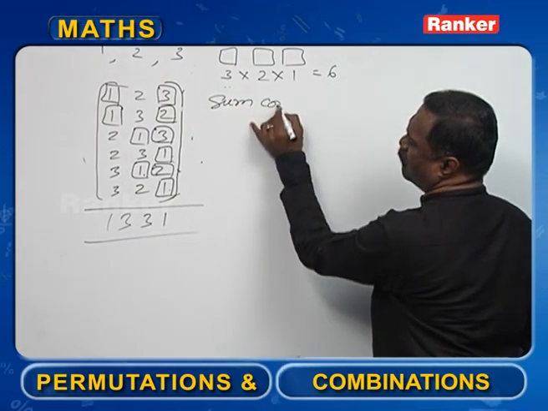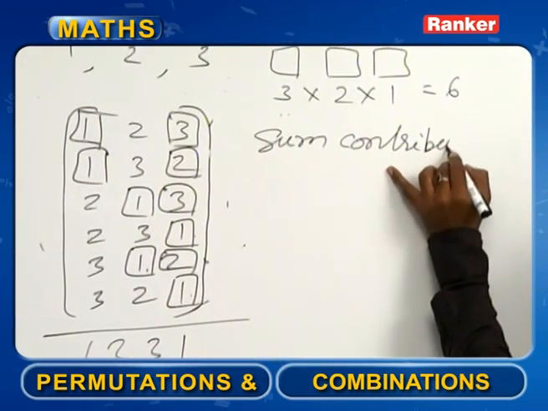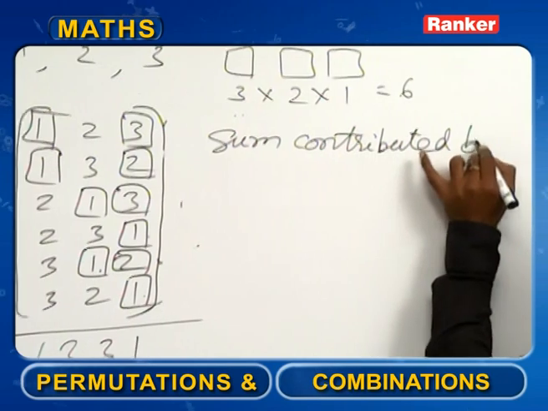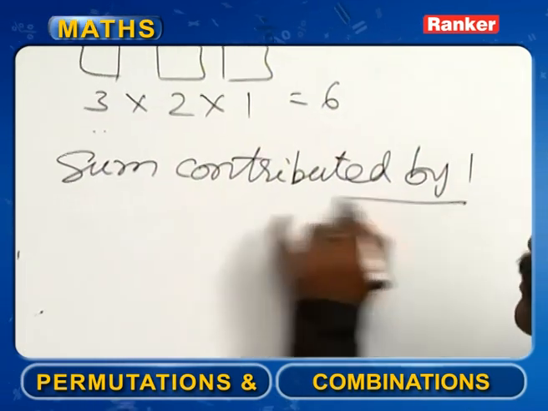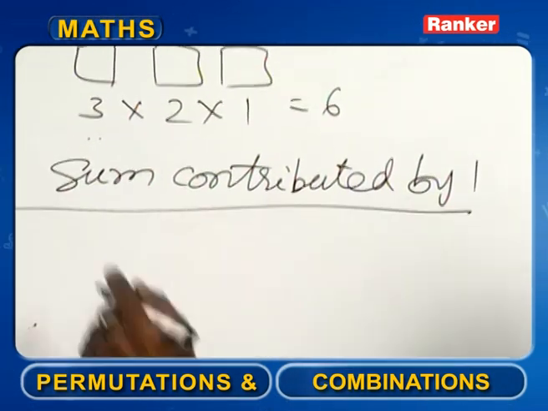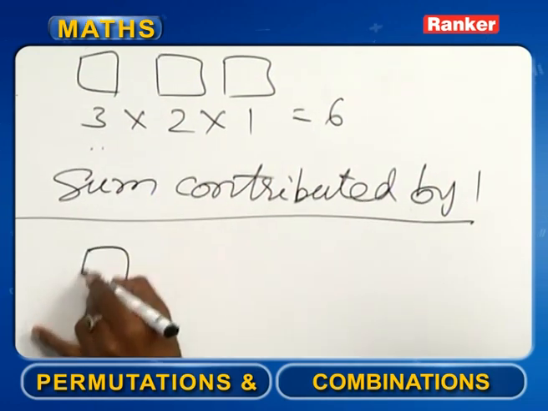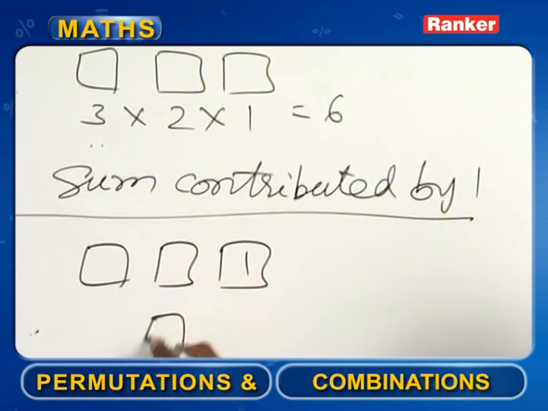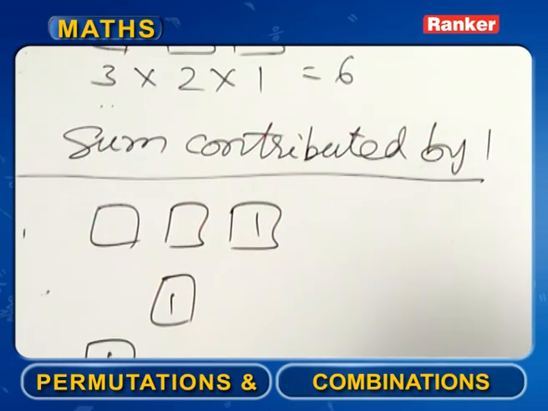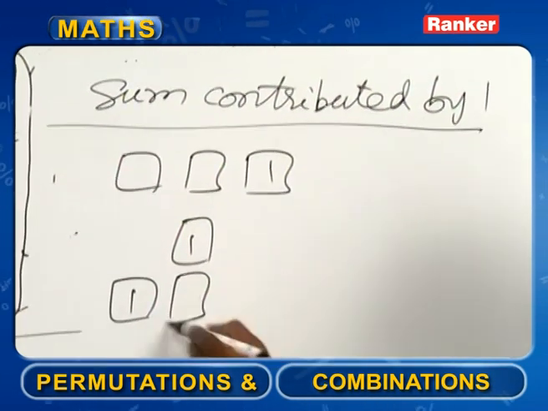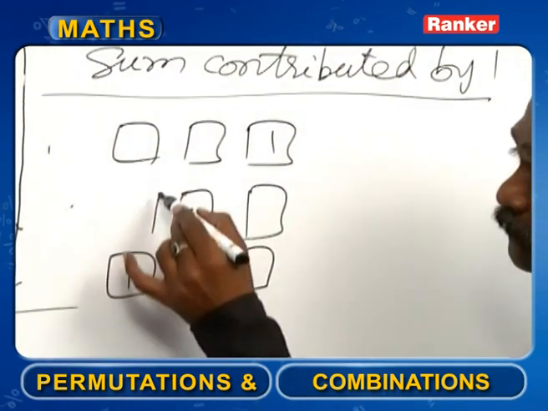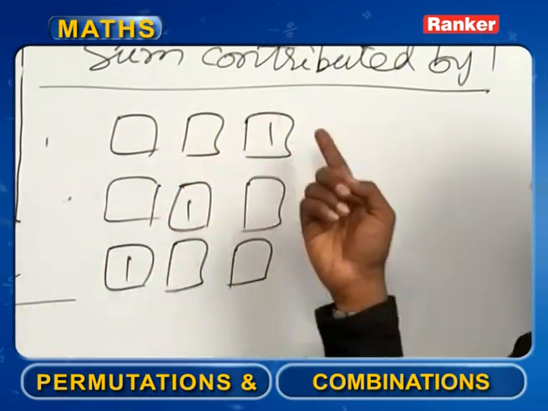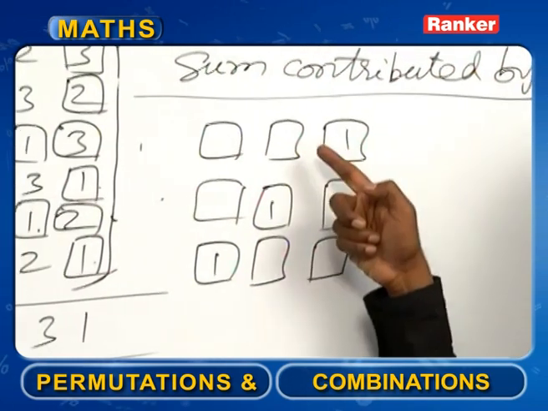Sum contributed by 1. Because it is a 3-digit number, I will place 1 in 1's place, 1 in 10's place and 1 in 100's place. Now, I need the number of numbers that are containing 1 in 1's place.